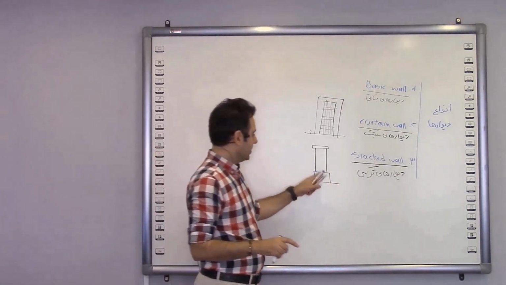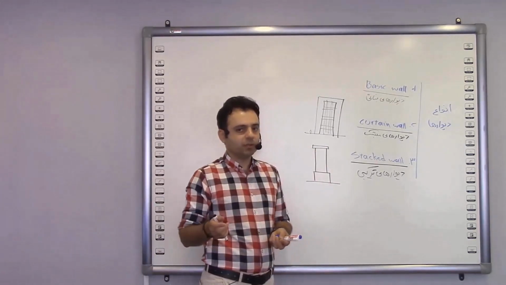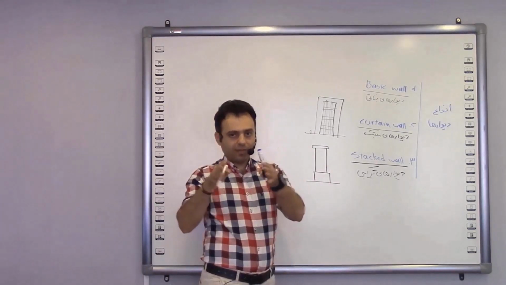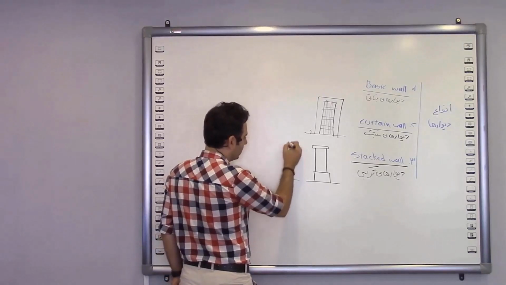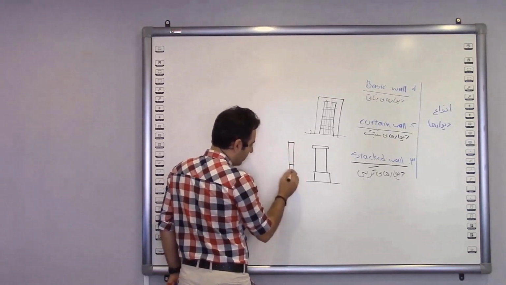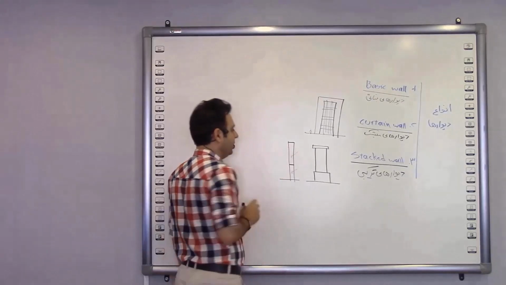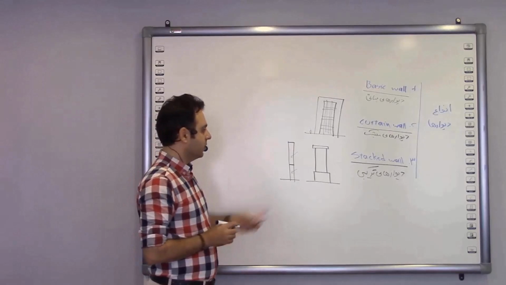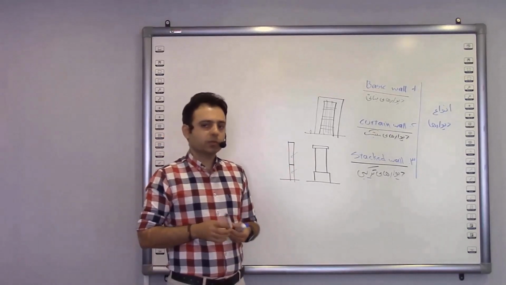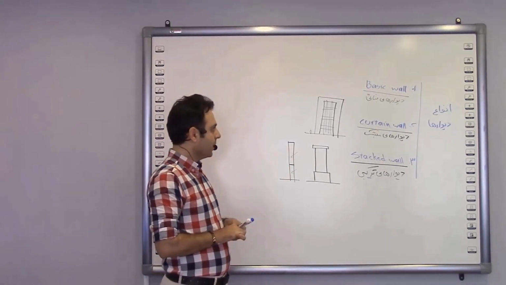Now, the difference that these walls have could be thickness or a material. For example, we have a wall with different thickness or with different materials, like this one, or like this one. Both thickness and the materials are different. These are stacked walls that we will talk about later.